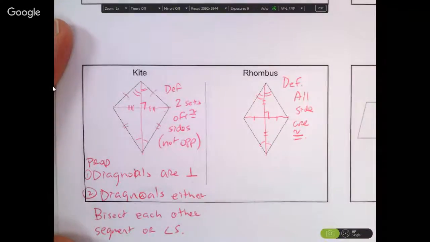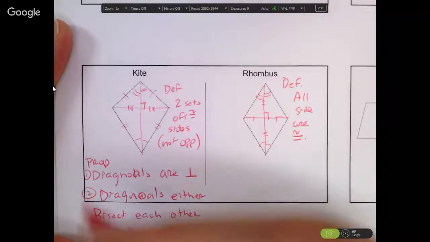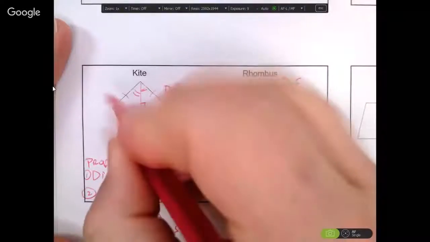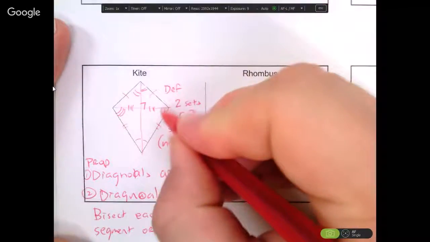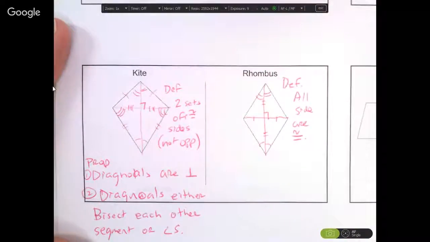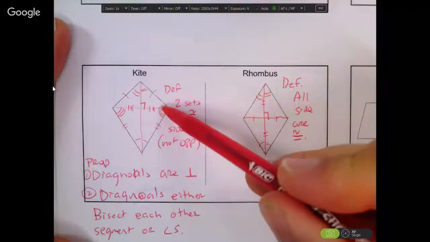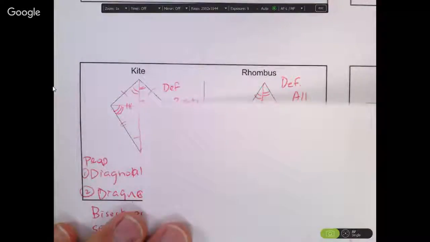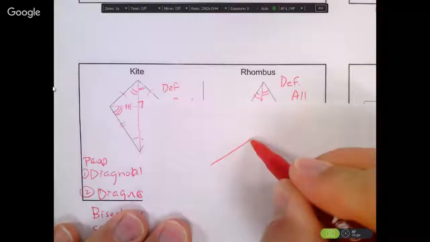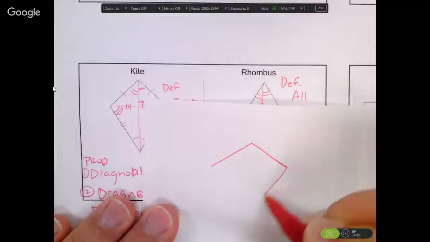How come we can't say these angles are congruent? Because they're not. We could say that this angle is congruent to this one, but we can't say that this one is. And if I made one really, really flat, and that's why I like the drawing.